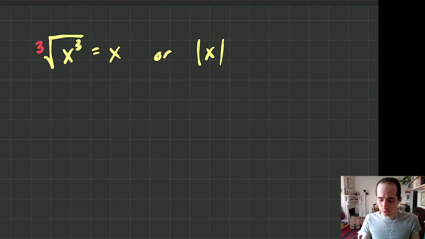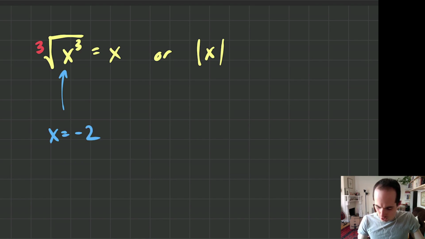So is the cube root of x cubed equal to x, or is it equal to the absolute value of x? Well, let's figure it out for ourselves. Let's throw in some negatives and see what happens. Let's say x is equal to -2.